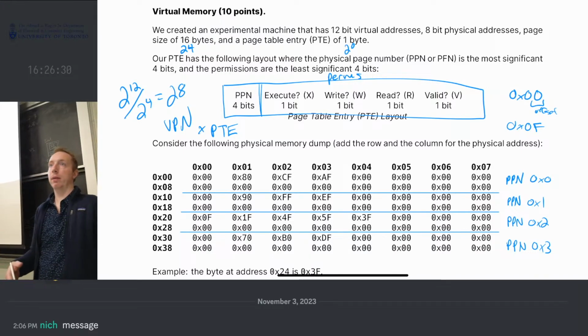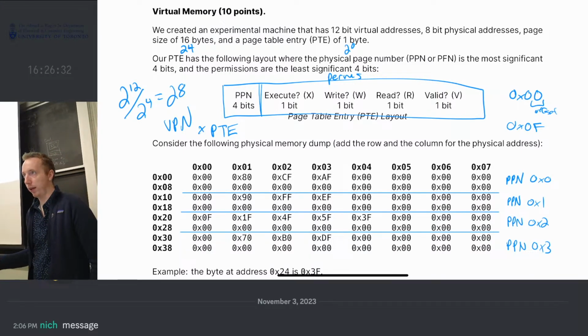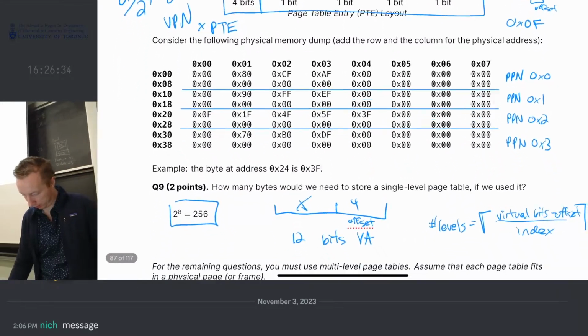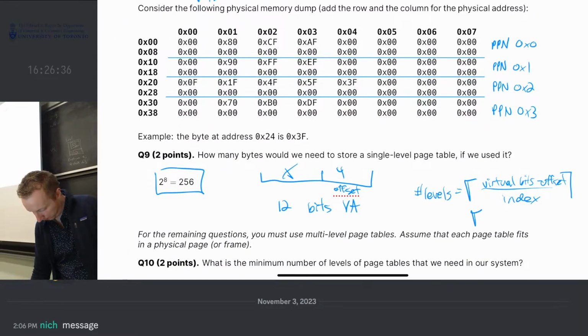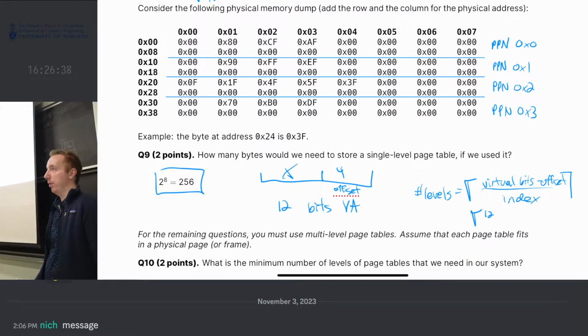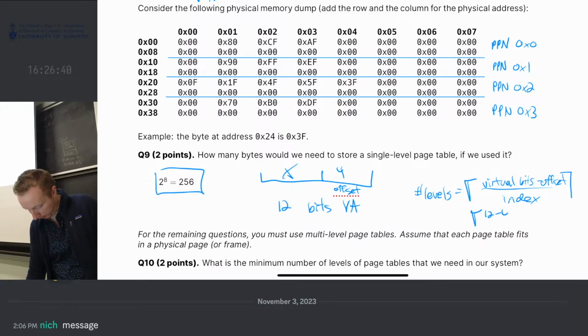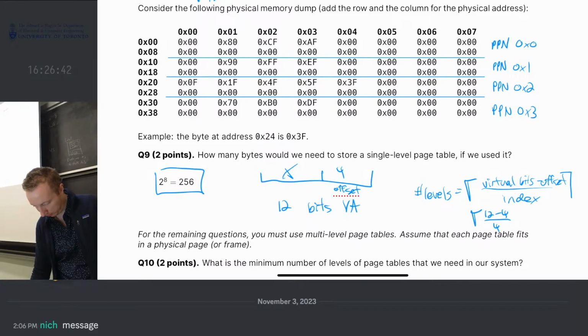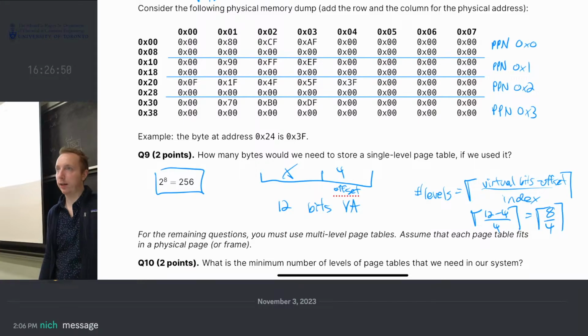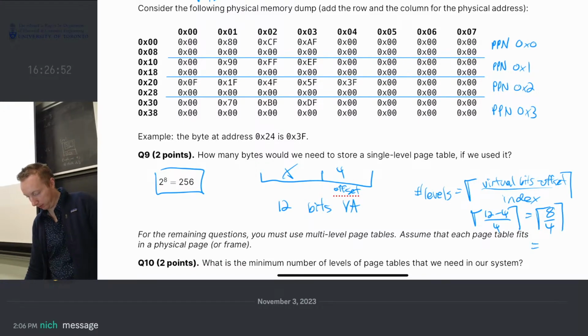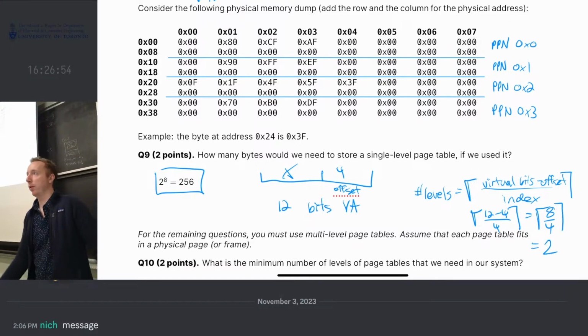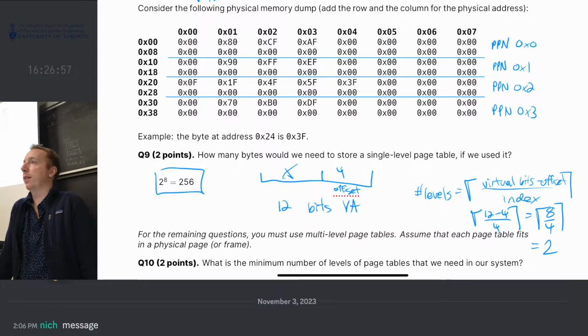So my number of index bits is just 4 in this case, same as the offset bits. So in total, my virtual bits from the question is 12, offset is 4, and index bits are 4, which gives me 12 minus 4 divided by 4, which is 8 over 4, and ceiling. Luckily, that's a nice number because I am so nice, and it's just a 2. So we need 2 levels of page tables for this.